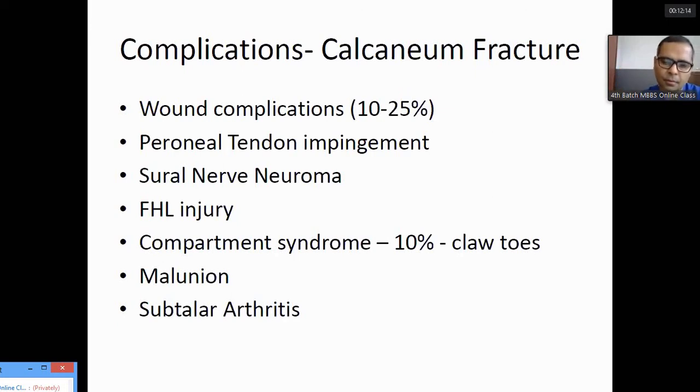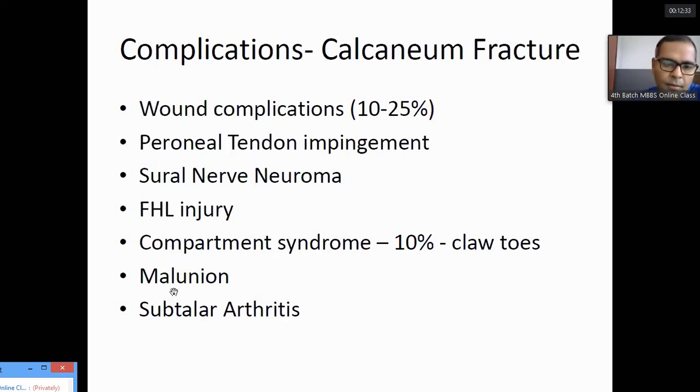Because of the microvascular compromise there is loss of vascularity in the muscles, and the flexor digitorum brevis muscle becomes avascular, then there is fibrosis, and that leads to the clawing of the toes.